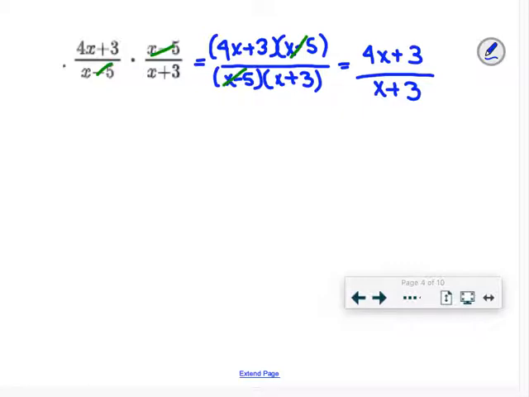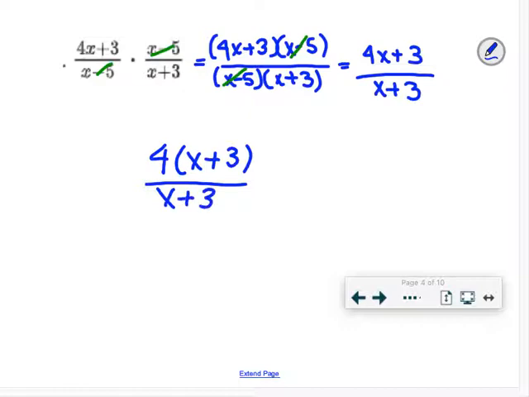But that would only work if this were written as a product, as 4 times x plus 3 over x plus 3. Then we can use that process. But because this is not written as a product, these have different values. 4 times x plus 3 and 4x plus 3 are different expressions.